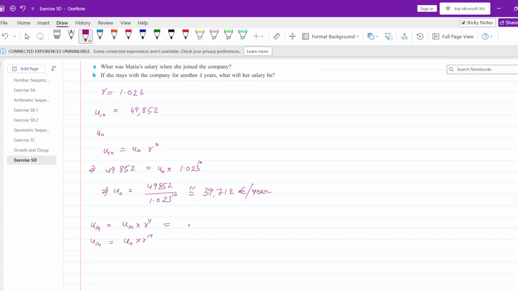U10 is 49,852 times 1.023 raised to the power 4, which is 54,599. And if we solve using this formula, we get 39,712 times 1.023 raised to the power 14, which is 54,599 euros per annum. That's the answer.